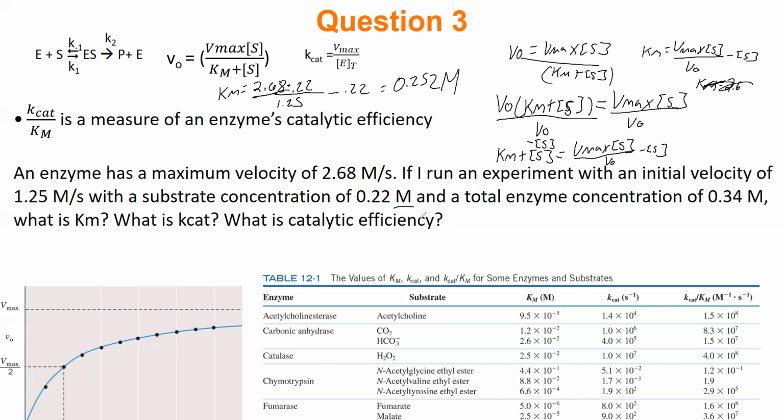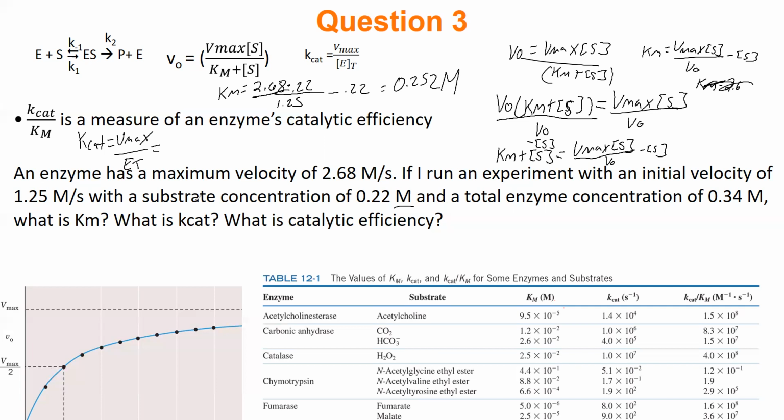So the hard part about figuring out Km is just doing the algebra, using the tricks of math to get Km by itself. Once you have Km, everything else in this problem's kind of a breeze. Well, Kcat you can solve without having to deal with Km, because Kcat equals Vmax divided by ET.